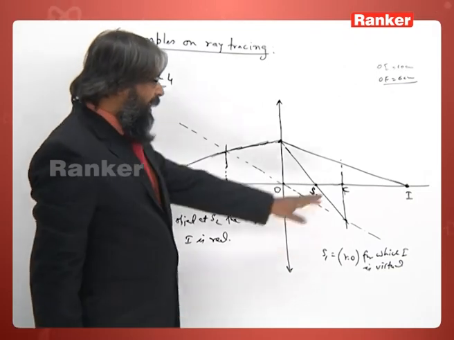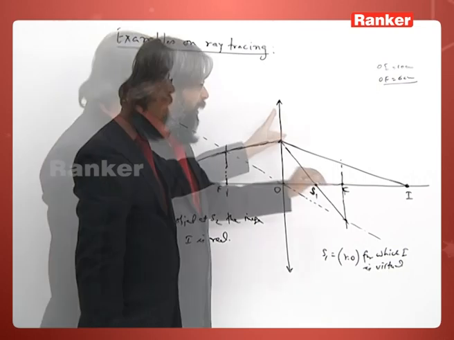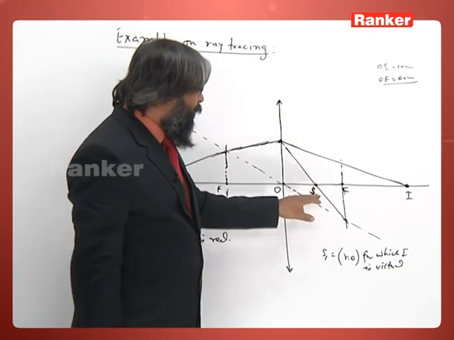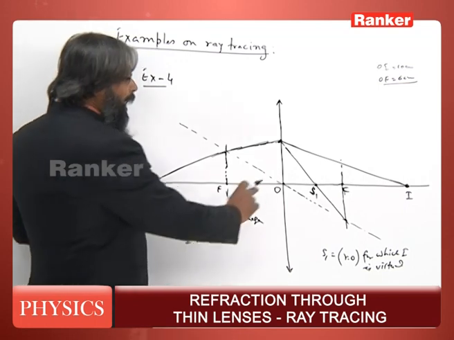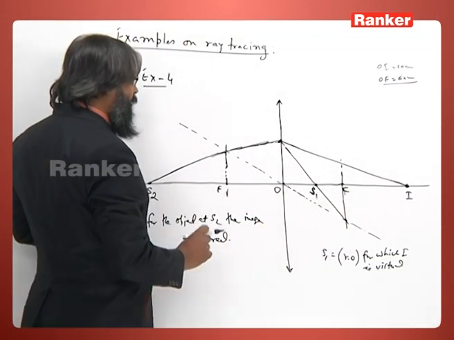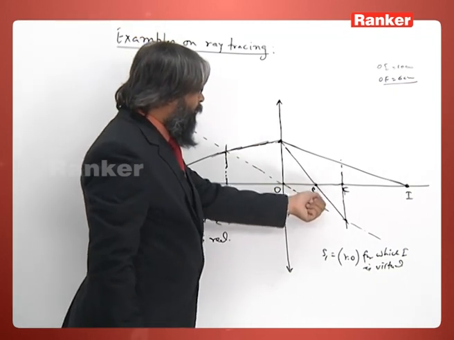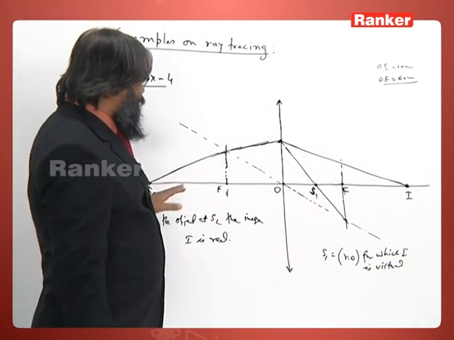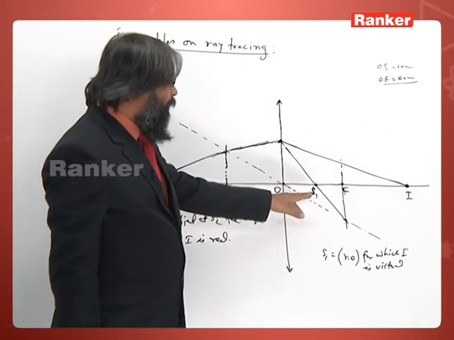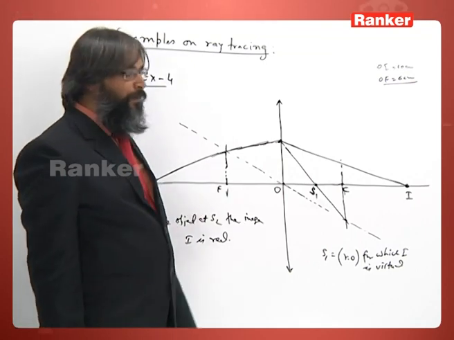That means I is the image for this lens system. This is possible for 2 positions of sources. So if I keep the source at S2, I will get a real image at I, for this same lens. But if I put a source here, then I will get a virtual image at I. So by this ray tracing, we have determined these 2 positions. This is a very important problem.